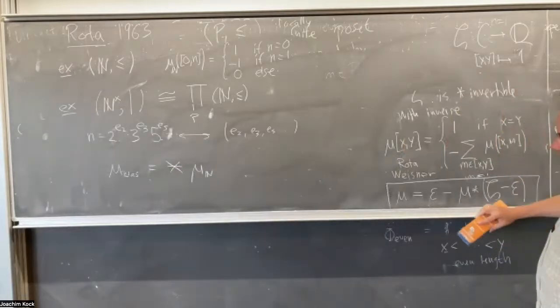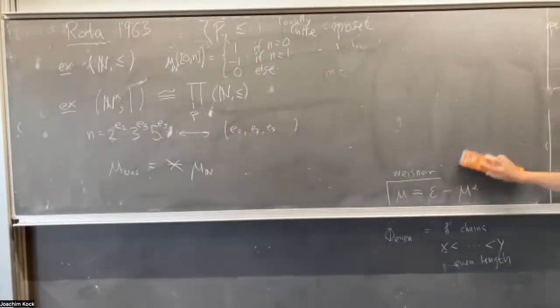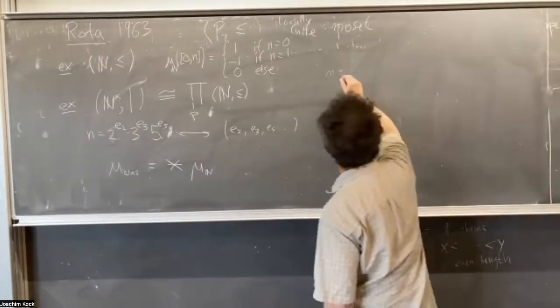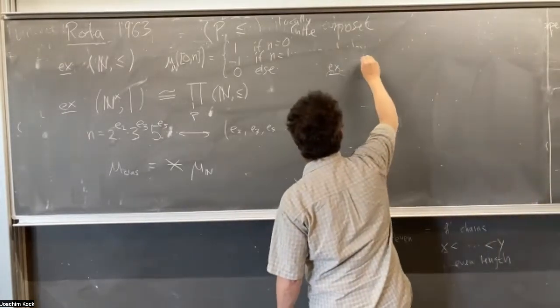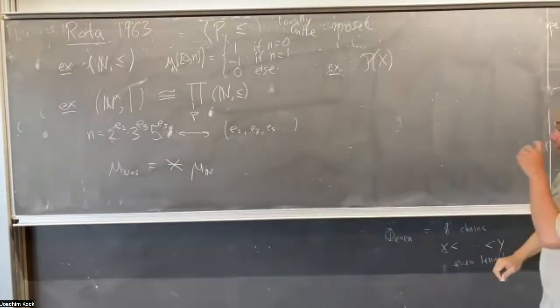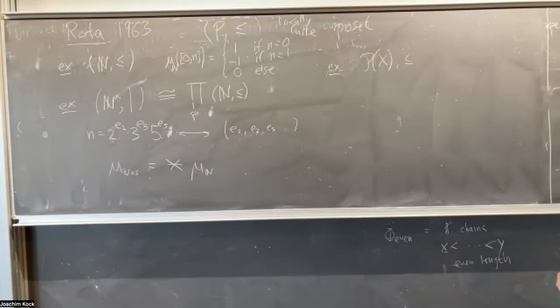The other very nice application that everybody knows is the inclusion-exclusion principle. And that you get if you take the power set of a fixed finite set X with inclusion of subsets.